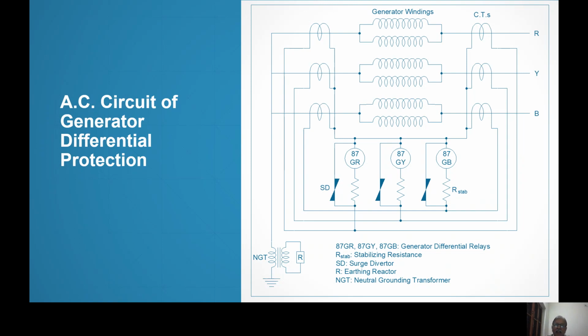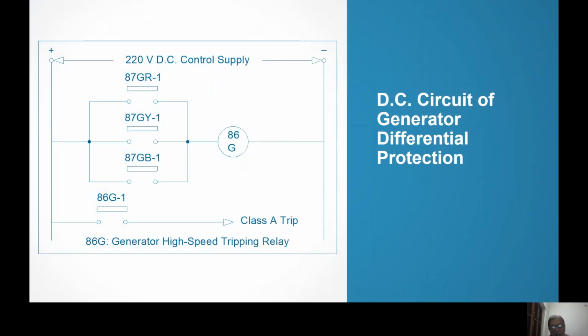The neutral is connected through NGT, and across the NGT secondary there is a reactor R. About that we'll talk further, not now, but this is the detailed circuit of the generator differential protection.